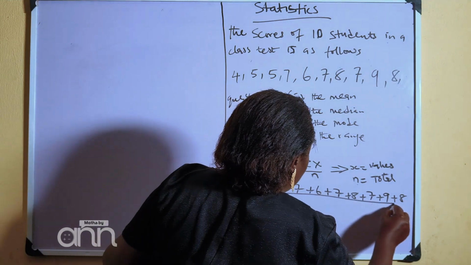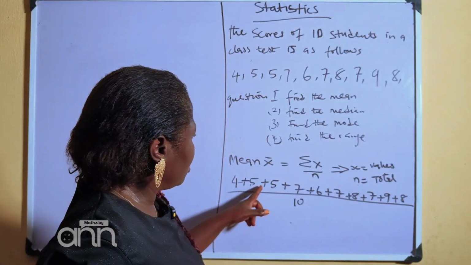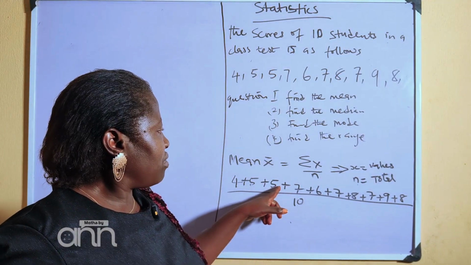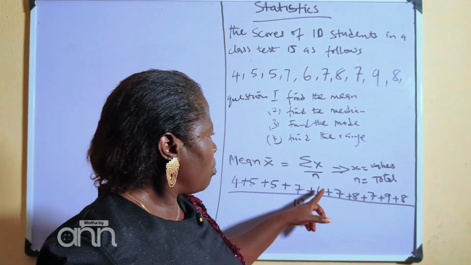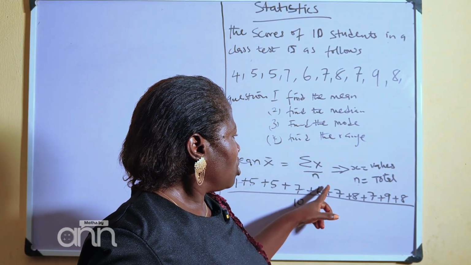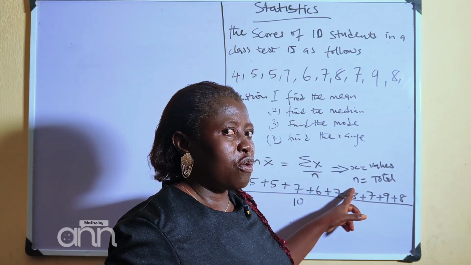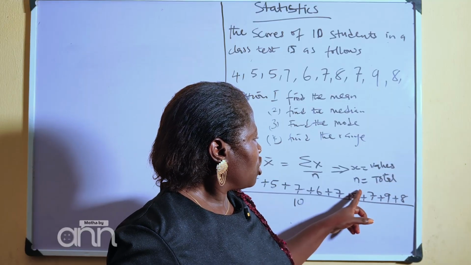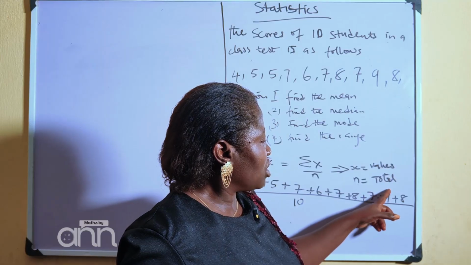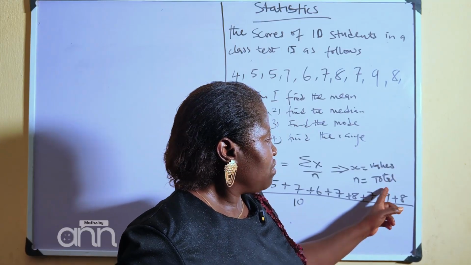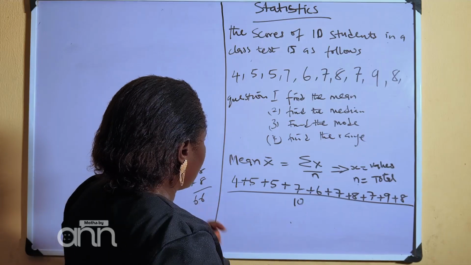All divided by 10. 4 plus 5, 9. 9 plus 5, 14. 14 plus 7, 21. 21 plus 6, 27. 27 plus 7, 34. 34 plus 8, 42. 42 plus 7, 49. 49 plus 9, 58. 58 plus 8 is 66, rather, please.